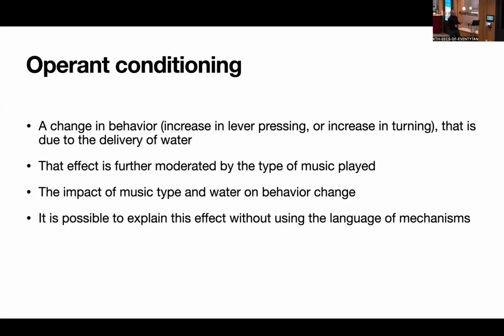So it's a change in behavior, for example, an increase in correct responding, lever pressing, or turning around, because of the consequences. Because of the consequences, that has an effect on the increase in correct behavior, so to speak. And this music type can be said to further moderate this effect.